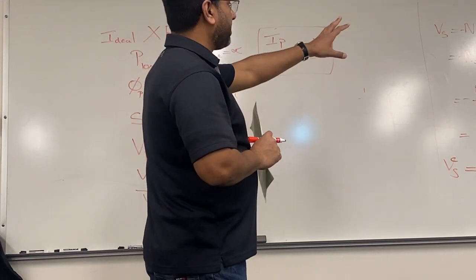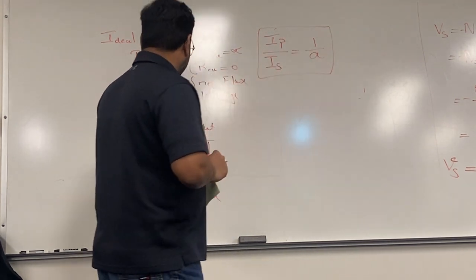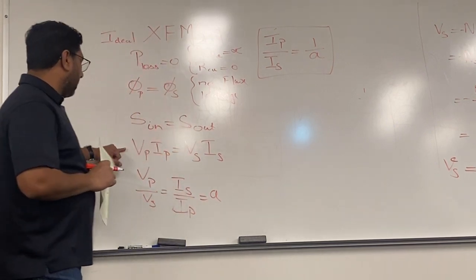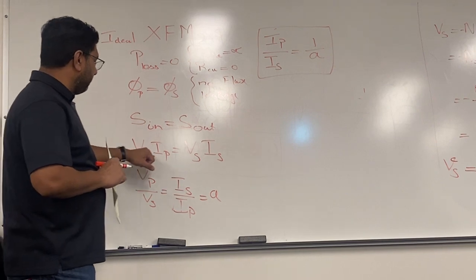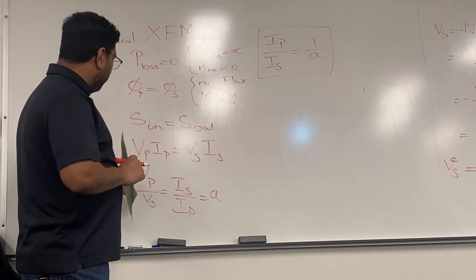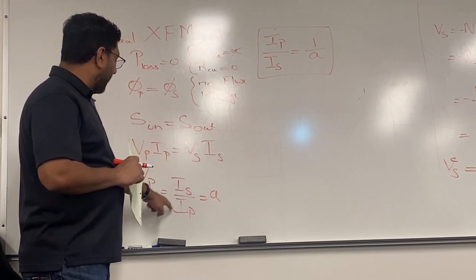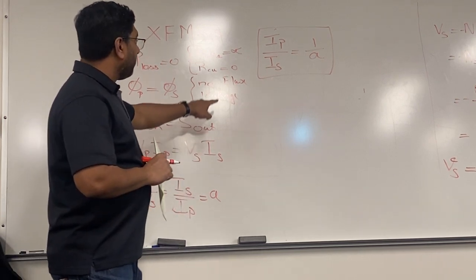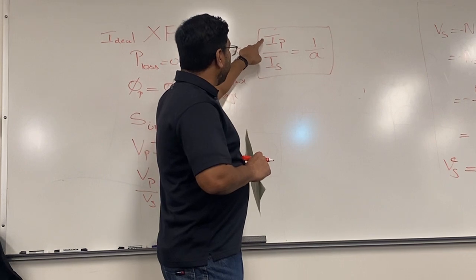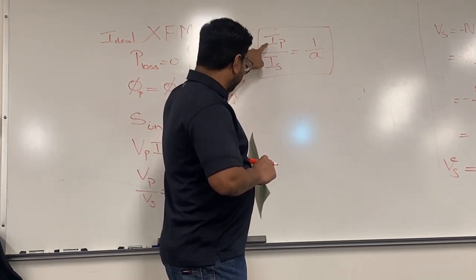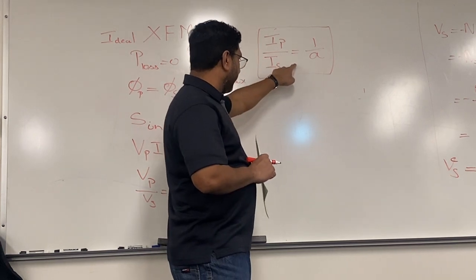We always control the voltage, and the way you do it is VP over VS is A. Sorry, you look at your power equation, VP IP is equal to VS IS. VP over VS is A, and if I manipulate this, you get IS over IP is equal to A. Because we always talk about ratios in terms of primary over secondary, IP over IS is equal to 1 over A.